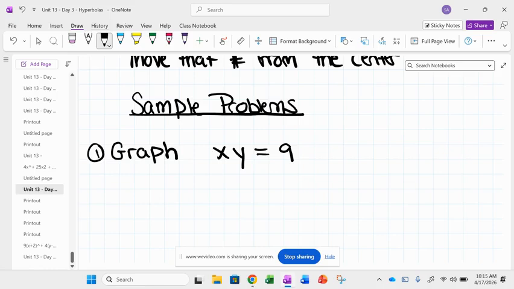How do I know it's not a circle, ellipse, or even a normal hyperbola? For all those, we need x squared and y squared, and we don't have either of those. So what is the only one that we've been talking about that has nothing squared? A rectangular hyperbola.